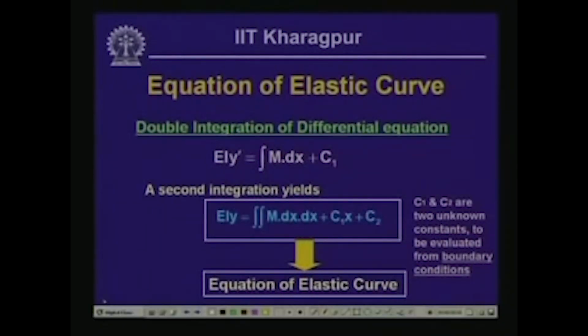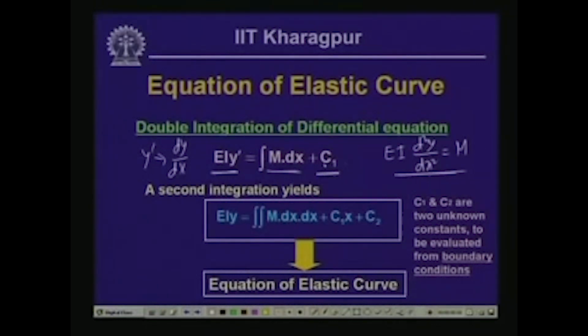Well, now from the differential equation which we have obtained, EI d2y/dx2 equals the bending moment M, if we integrate once, we get EI y dash, where y dash stands for dy/dx, equal to integral of M dx plus a constant of integration C1.